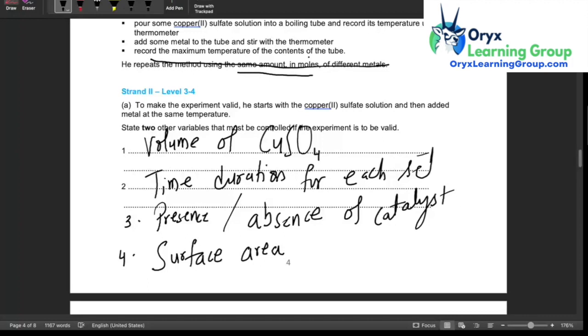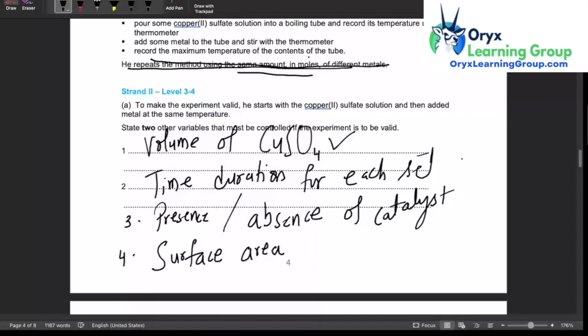So volume of copper sulfate is one thing, same amount of moles of metal is the second, time duration for each set measurement is the third, presence or absence of catalyst is the fourth, and the surface area for the experiment is the fifth.